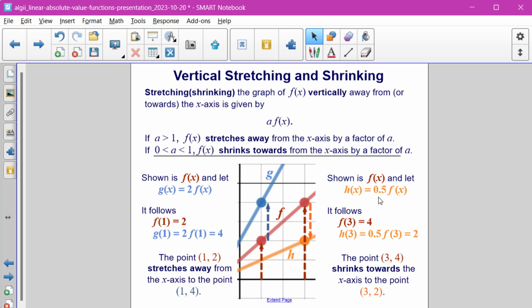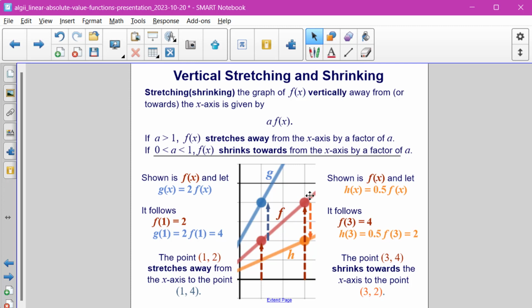Now if we have a factor that's between 0 and 1, it shrinks towards the x-axis. So in our example that we have here, h of x is equal to 1/2 times f of x. If we notice at the x-coordinate of 3, 1, 2, 3, we have a y-coordinate of 4 in f, and then h of 3 is going to be 1/2 times that 4, or 2.